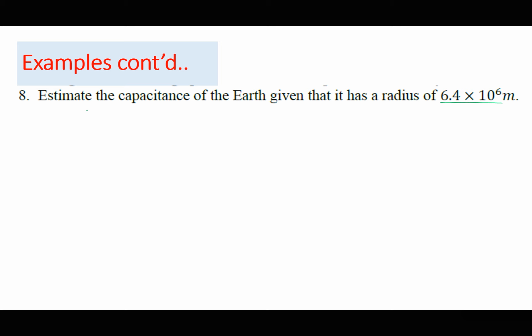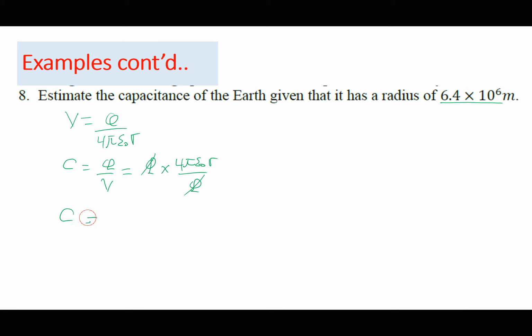So if the Earth is spherical, then it means the potential on the surface of the Earth is going to be given by the charge on the surface of the Earth divided by 4 pi epsilon naught times the radius of the Earth. And we know that the capacitance is Q divided by the potential, which we saw that this would be Q times 4 pi epsilon naught R divided by Q, where Q cancels.